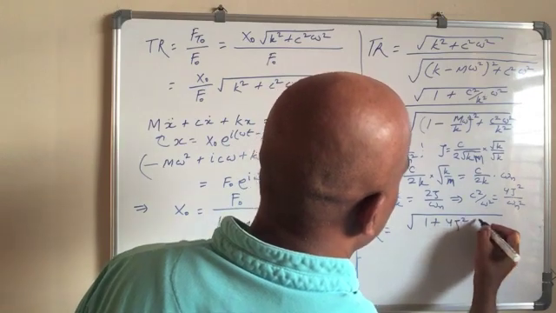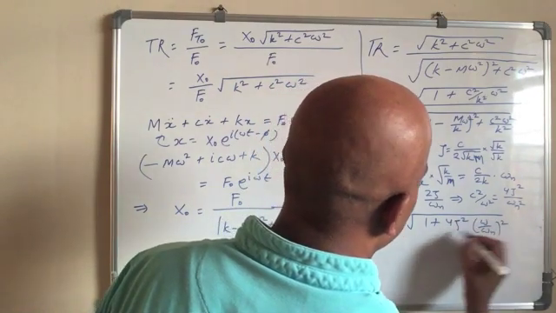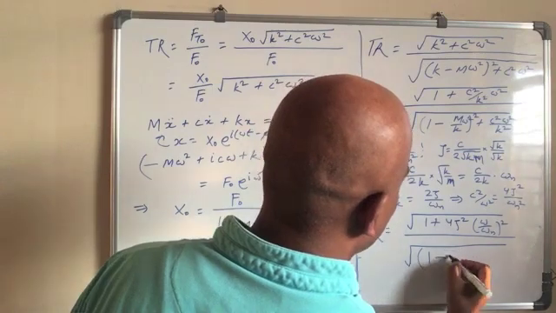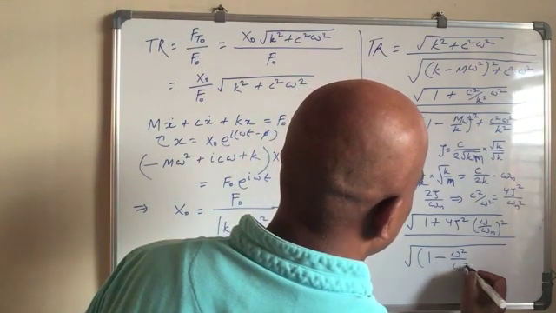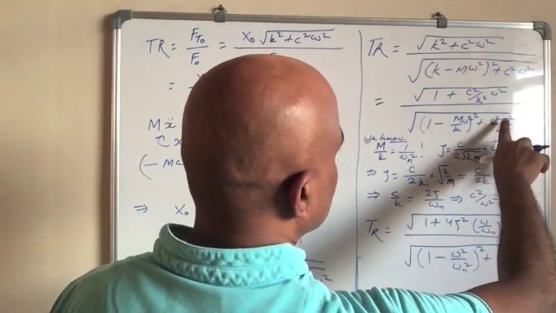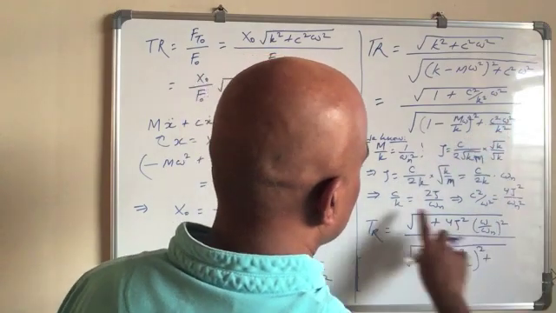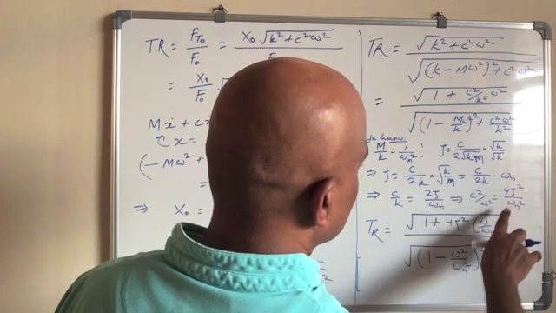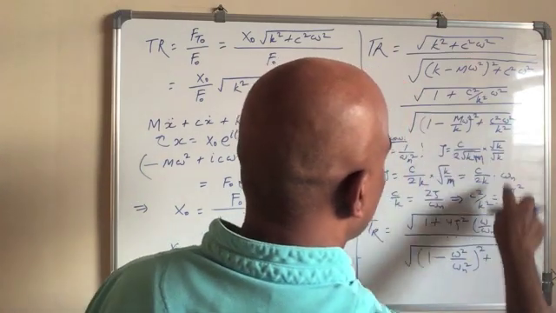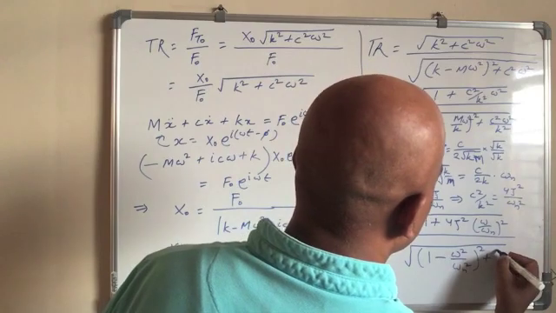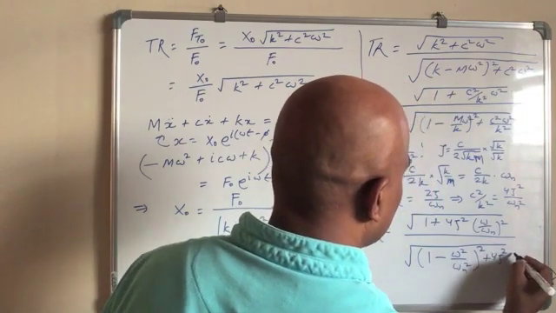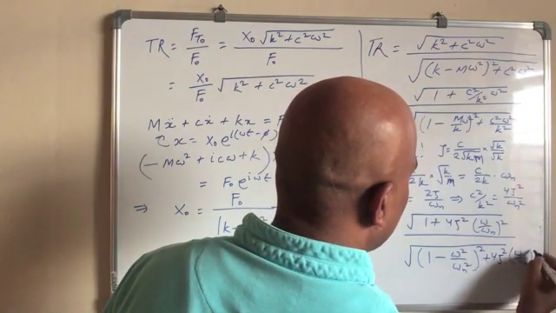So 4 zeta square (omega over omega n) square, divided by, we have this term, and here we have (1 minus omega square over omega n square) then square, plus C square omega square over k square, so C square over k square equal to 4 zeta square multiplied by (omega over omega n) square.